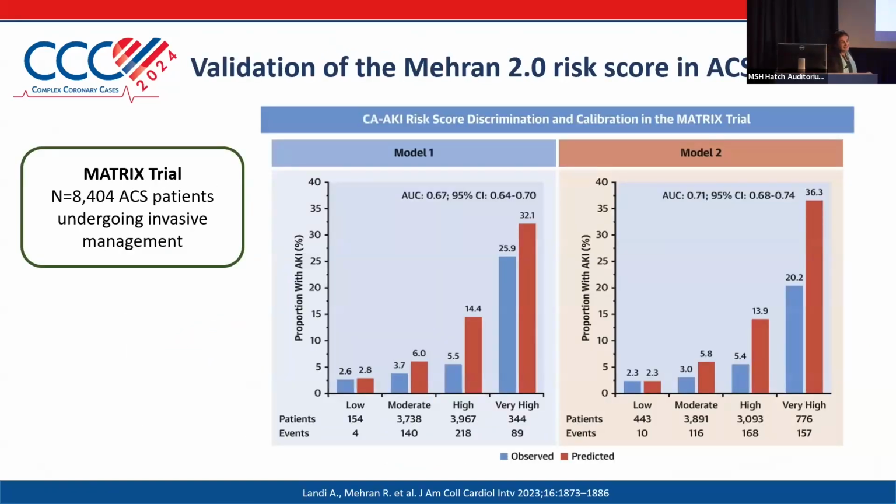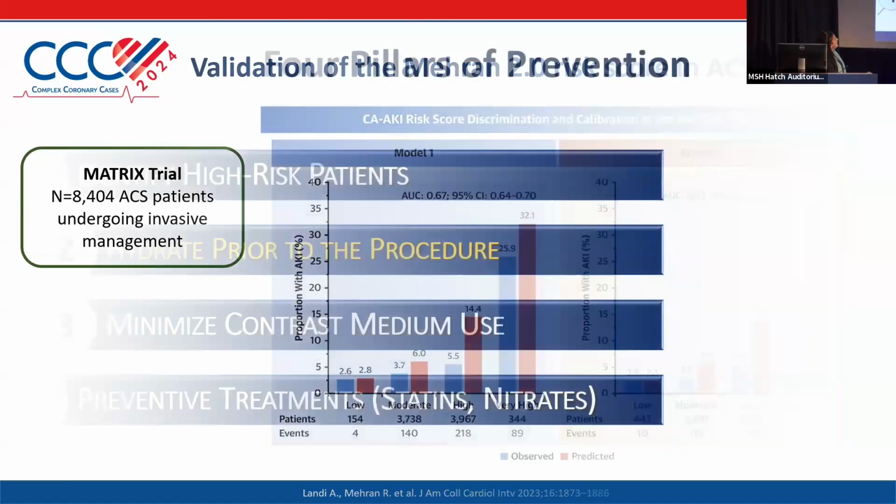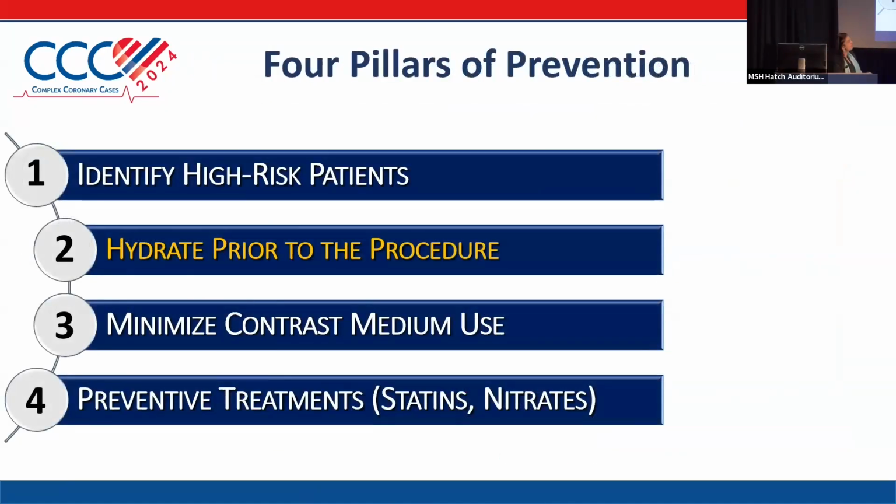Others have validated this. It's always good when you see that something you develop gets validated externally by others without knowing anything. And look what they did. They validated this. It is a beautiful evaluation that the score works beautifully in over 8,000 patients. And that was really, really great to see.